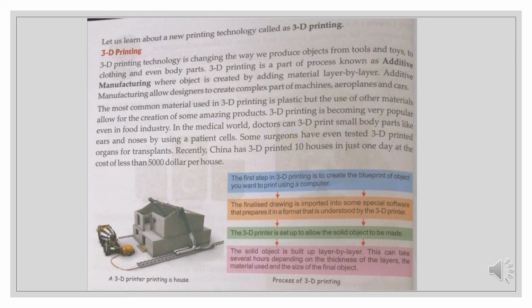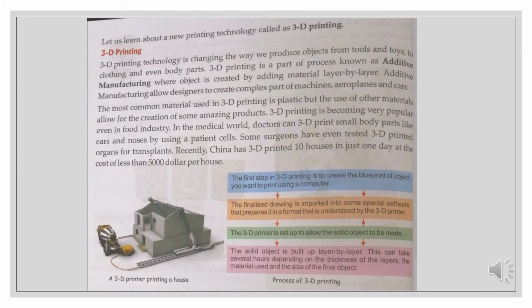The first step in 3D printing is to create a blueprint of the object, and that can be done with the help of a computer. The finalized drawing is imported into a special software that converts the drawing to a format that is understood by the 3D printer.